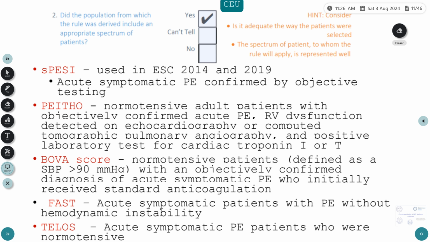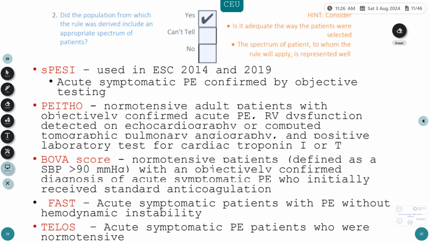While all the other scores have looked at normotensive adult patients with objectively confirmed pulmonary embolism. Except in PETO, they required lab tests for cardiac enzymes, and they needed dysfunction on the echocardiography. But all the other patient populations were normotensive patients with a systolic BP cutoff of more than 90 and objectively confirmed pulmonary embolism.